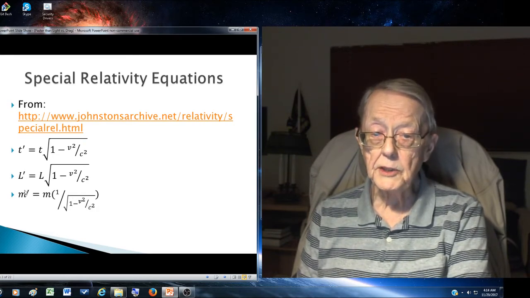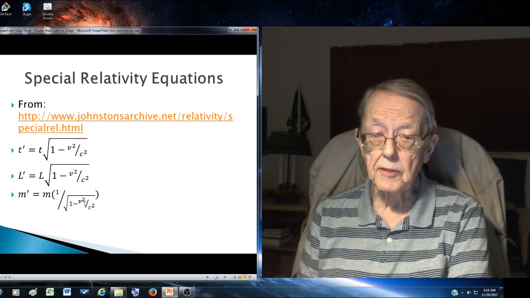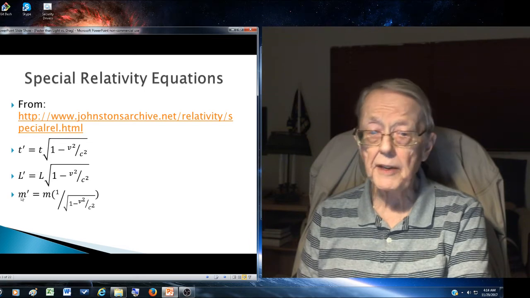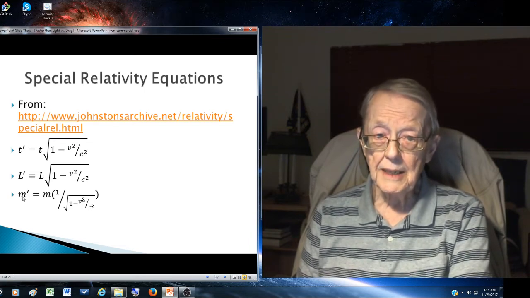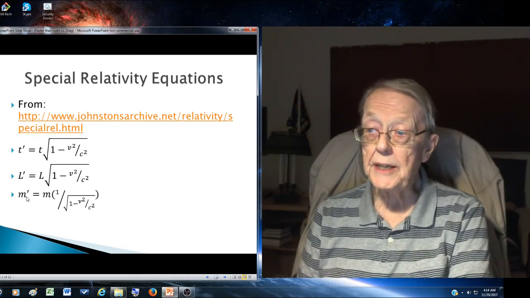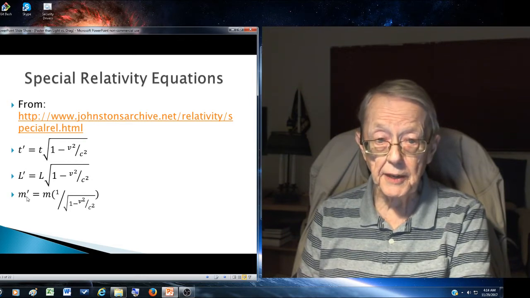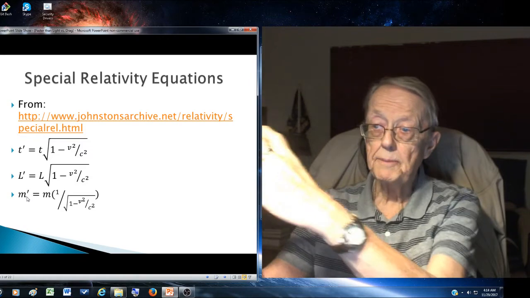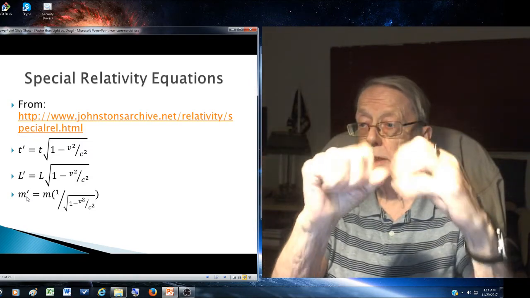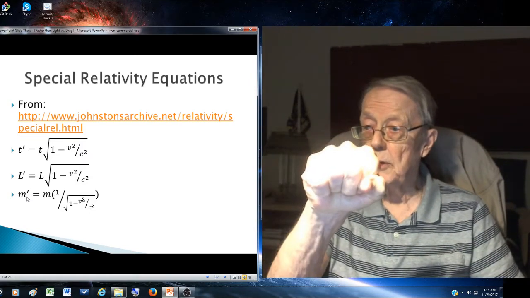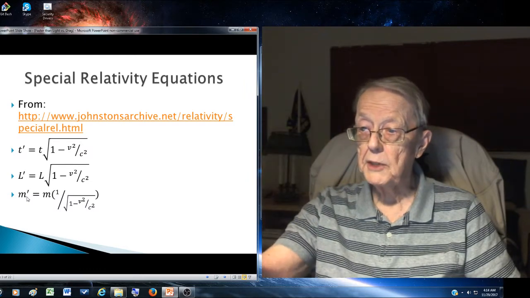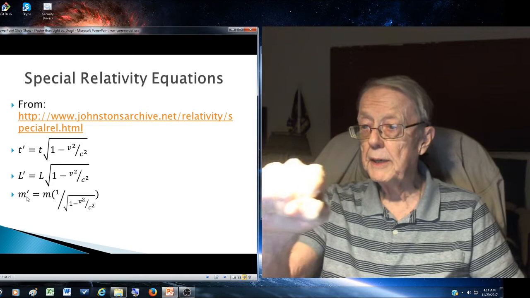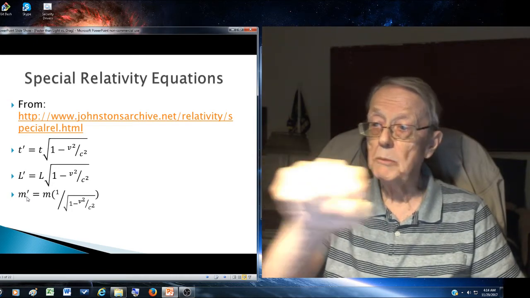mass increases to the point where at speed c, mass is infinitely large. So here's a strange thing about special relativity. You have an object moving at speed c, and by the time it gets to speed c, time stops.